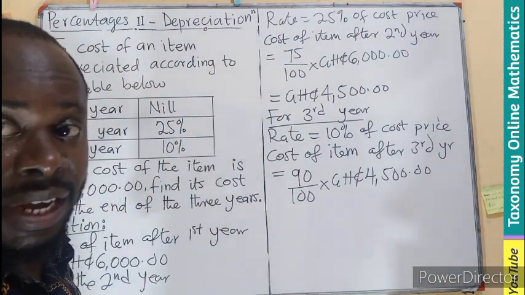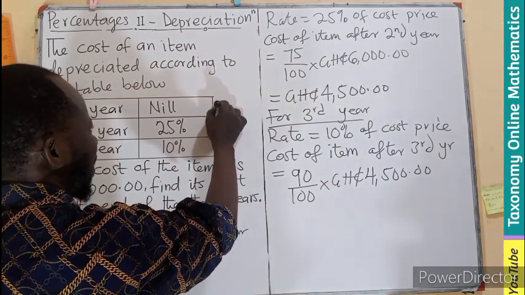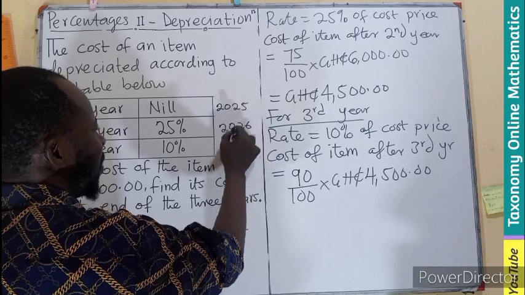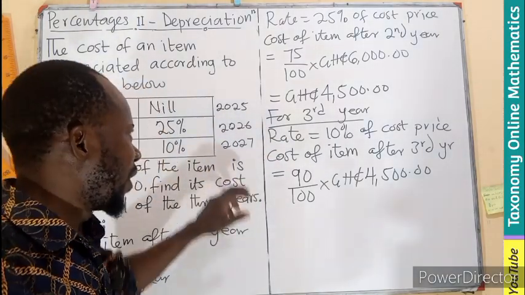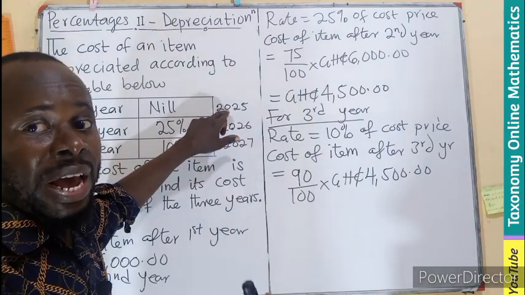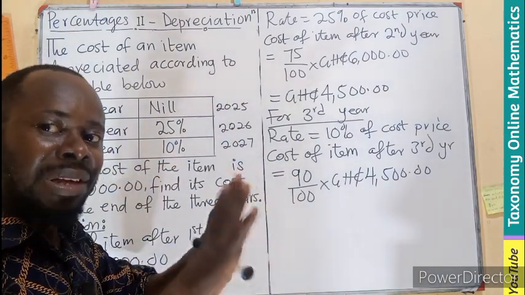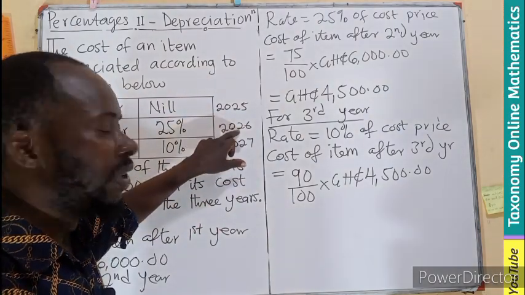If we are to put years to this, we are in the year 2025. So let's say 2025, 2026, and 2027. You can see that when 2025 comes to an end, from January to December, the value of the machine still remains 6,000. Then we are no more in 2025. We move to 2026.